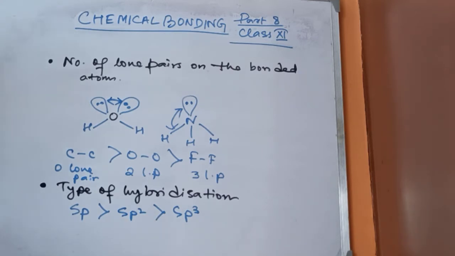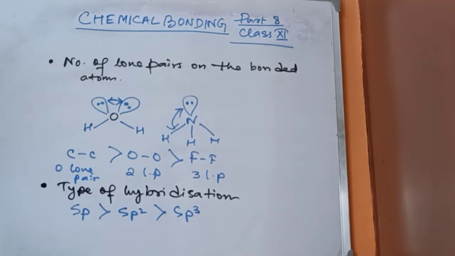Okay, so the bonds formed by sp hybridization are much stronger than those formed by sp3. So sp has the highest bond dissociation enthalpy and sp3 has the lowest bond dissociation enthalpy.